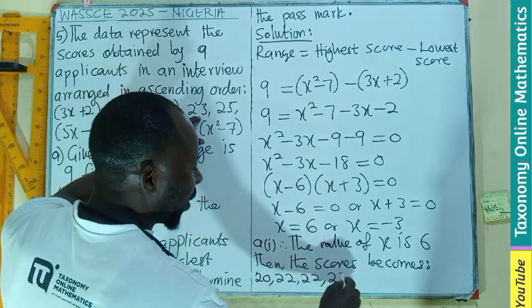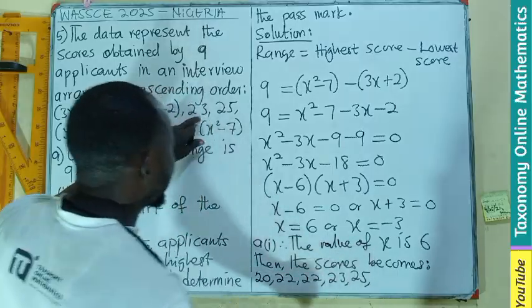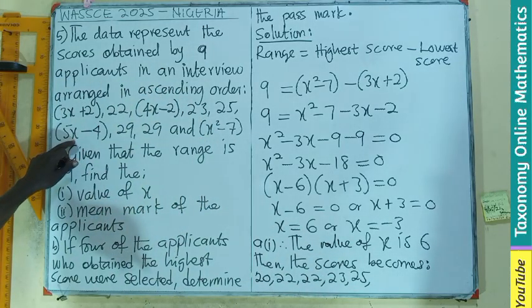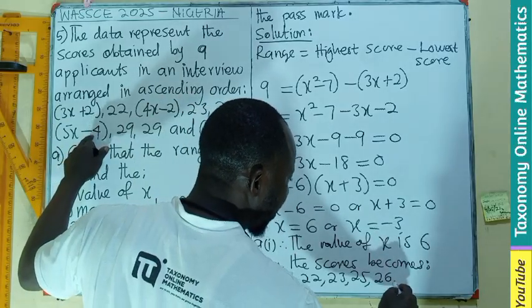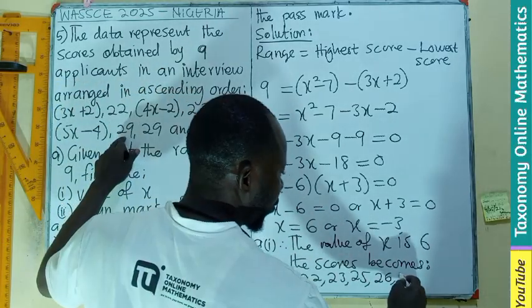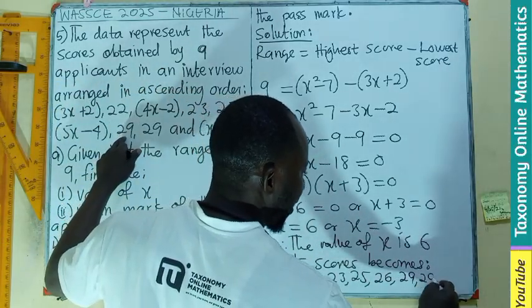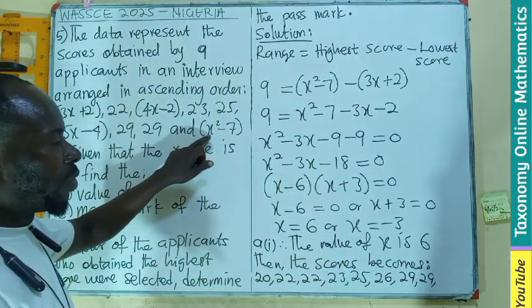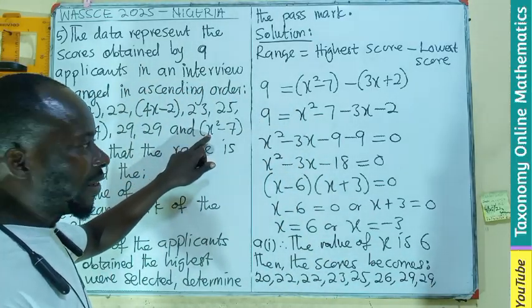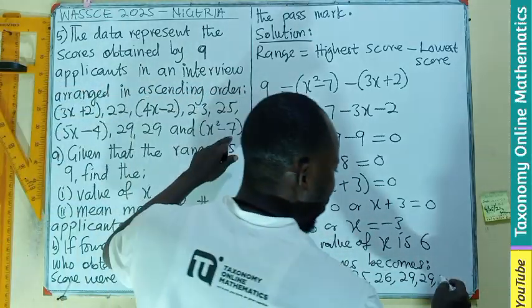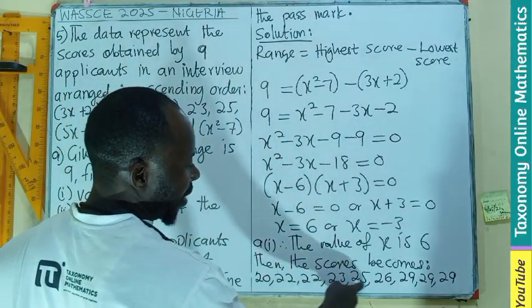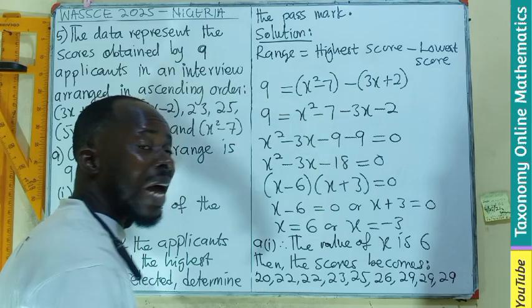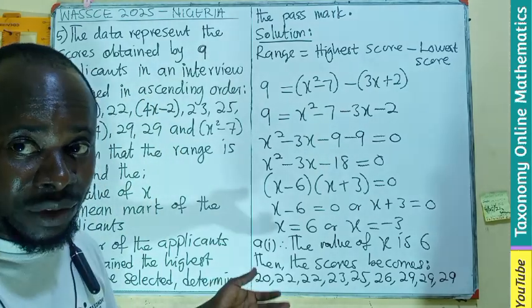I have 23 already there. 25 follows. Put 6 here, 30 minus 4, 26. I have 29. This is going to be 6 squared, 36, minus this, that will also give you 29. So let's see, 1, 2, 3, 4, 5, 6, 7, 8, 9. So these are going to be the numbers that we are going to be dealing with.